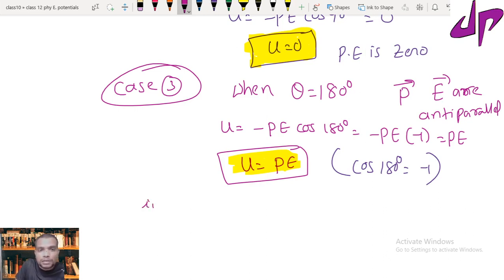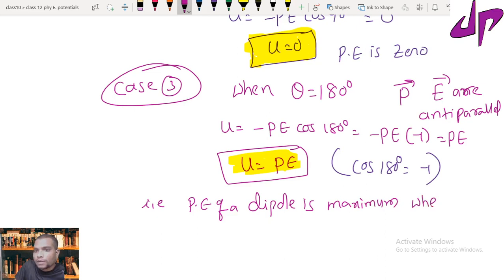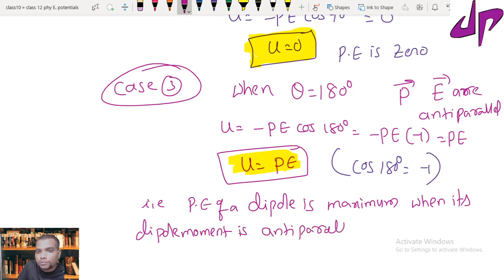It means that the potential energy of a dipole is maximum when its dipole moment is anti-parallel to the external electric field.